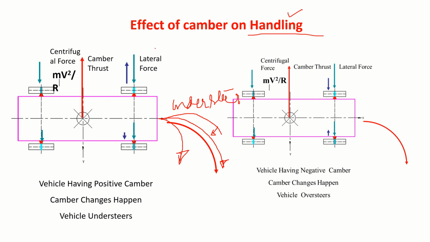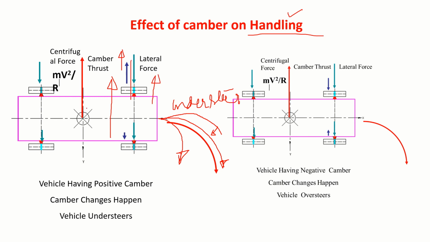Now the question is, if you have a positive camber and you are taking a turn, this wheel is inside and this is outside, there is a load transfer. Because of the load transfer, the camber angle may change. It will become too positive. Then what is going to happen? Equal side forces should be there, but this will decrease and this will increase, and it will start pulling the vehicle like this.